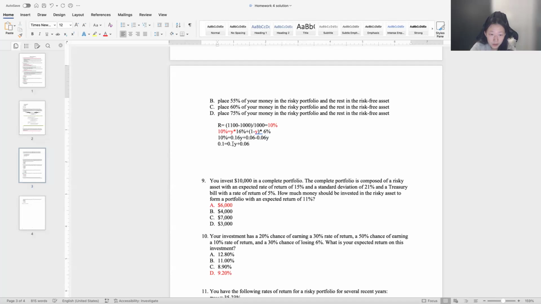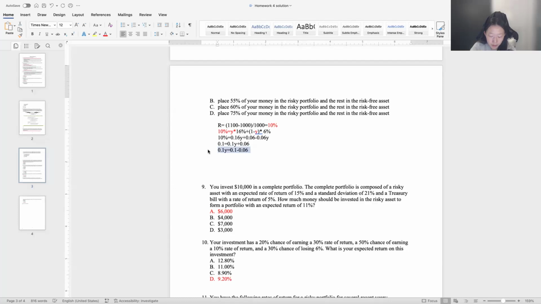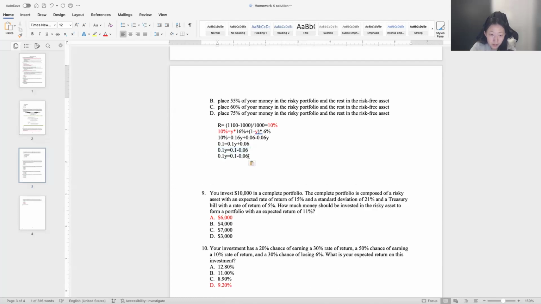And then I can do more rearranging here. Rearrange 0.1 y to the left-hand side. And then I have 0.1 minus 0.06. I'm putting everything down as well, but I'm able to calculate the number on the right-hand side, which is 0.04.